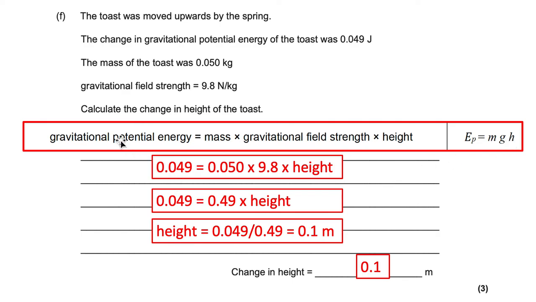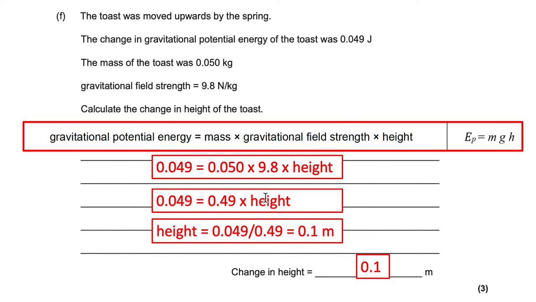So I substitute in: where it says gravitational potential energy, I write my 0.049. Then we've got an equals in both. Mass, 0.050 kilograms. Okay, that goes in. Gravitational field strength is 9.8. And then times height, we don't have a number for, so we just write height or small h.